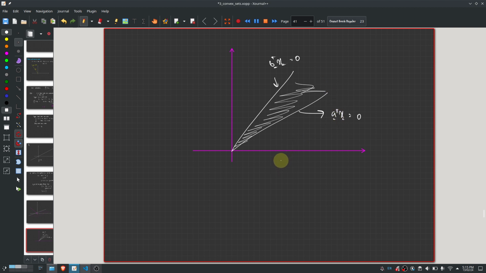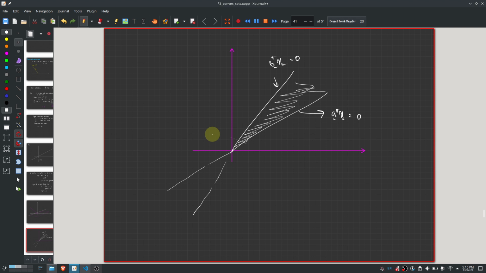A transpose X greater than 0 would correspond to the entire region above this, and B transpose X less than or equal to 0 would correspond to the entire region below this. So this is a polyhedral cone, right? It's also a convex cone.